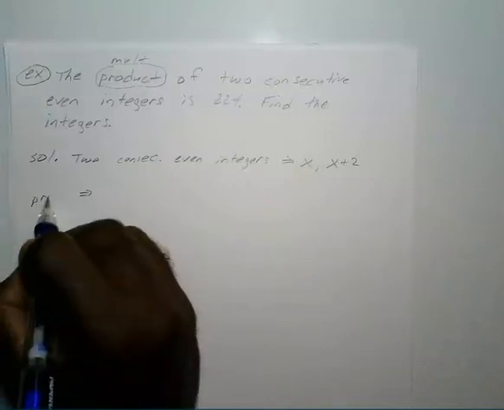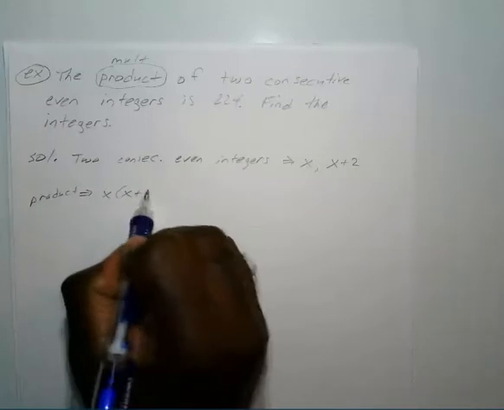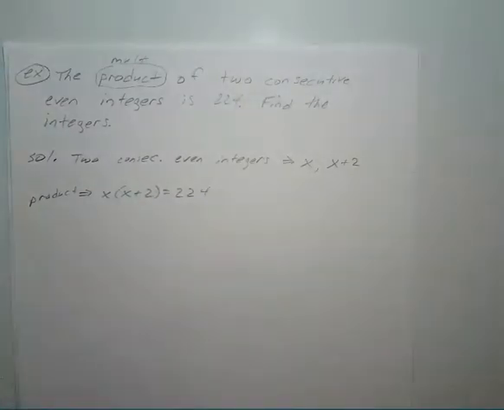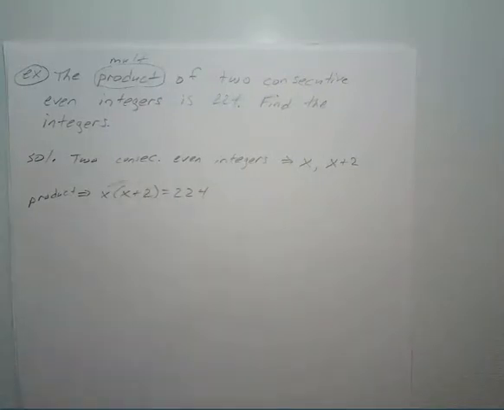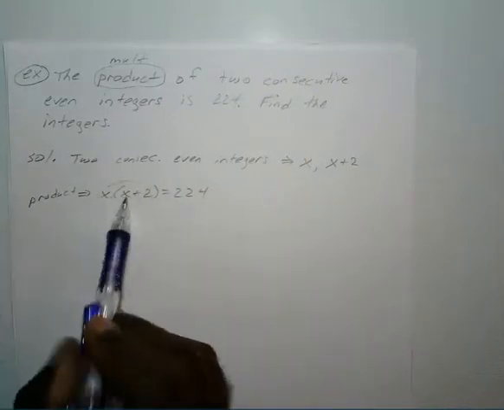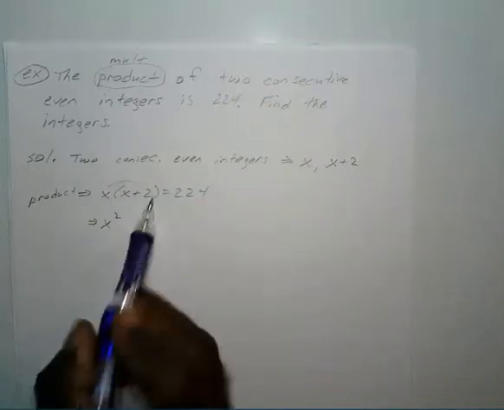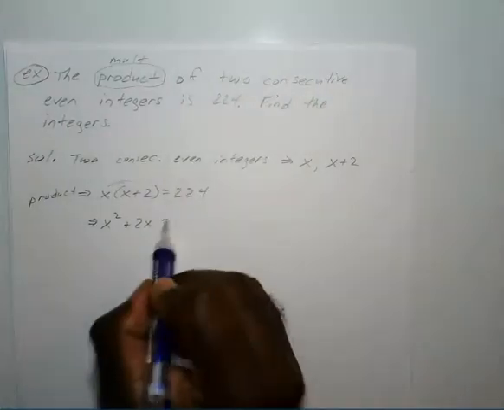So if we multiply these 2 consecutive even integers, we should get 224. The product of those two, x times x plus 2, is 224. If we distribute, x times x is x squared, x times 2 is 2x, equals 224.